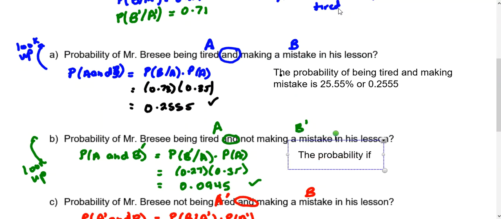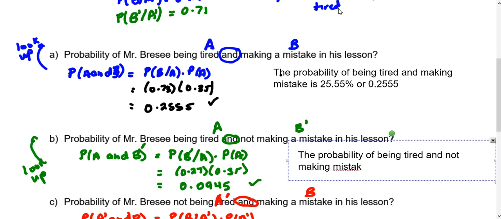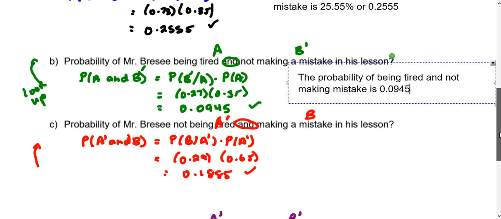Probability of being tired and not making a mistake is 0.0945. Okay, so usually when I'm tired, I don't make too many mistakes, or I'm not always perfect, so that's always good.